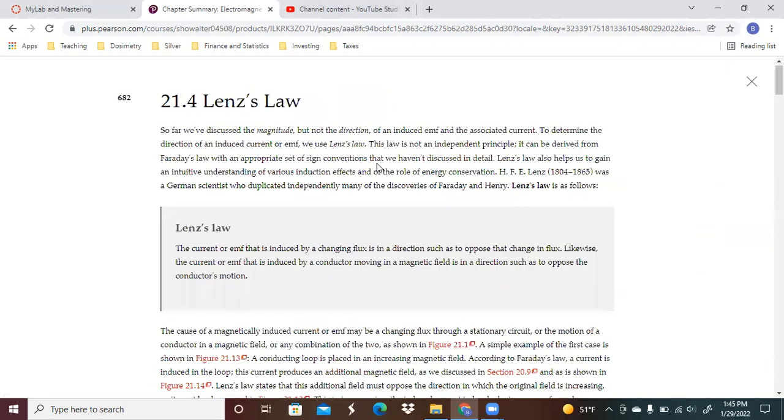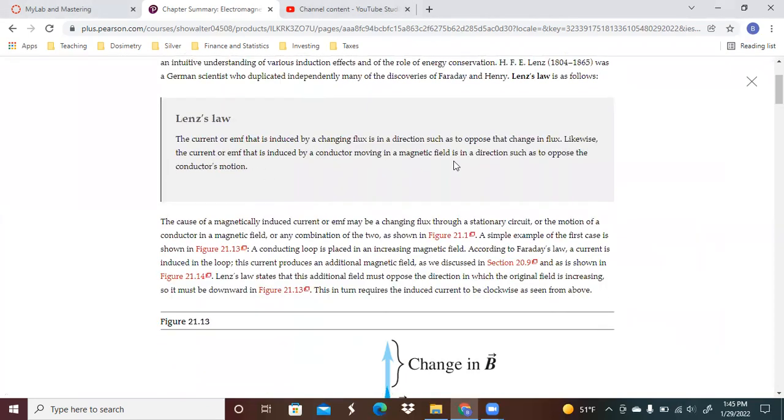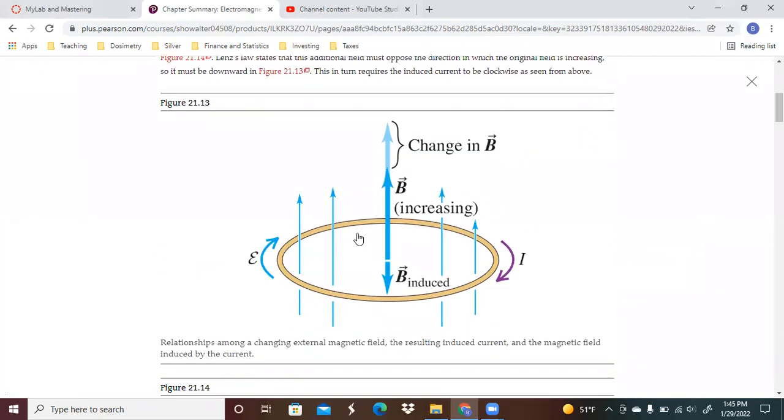So let's take a little bit more of a look here in depth. You can read through this, it pretty much says the same thing that I had just told you. You've got an increase here due to whatever reason, an increase in the magnetic field or the motion of this thing, what have you. The current, following the right hand rule, is going to be produced so that a magnetic field is induced to cancel this out.